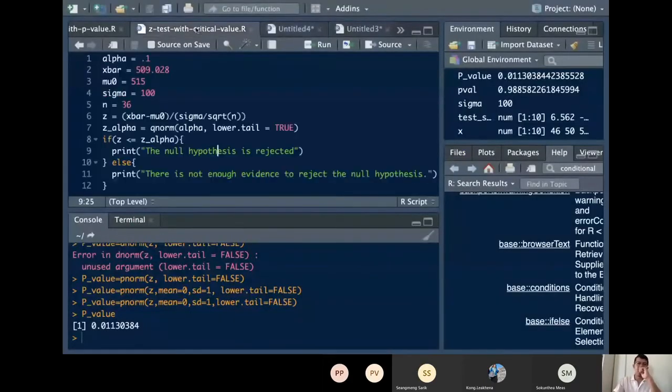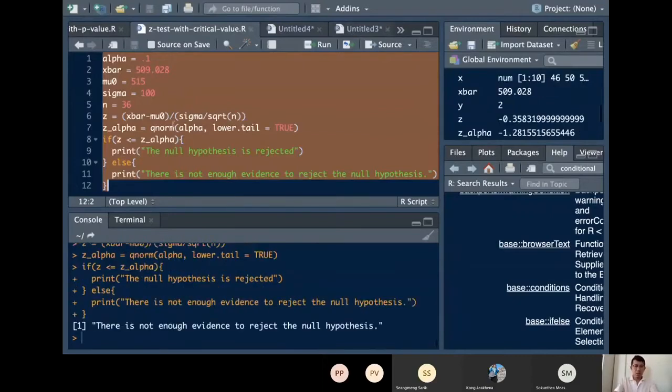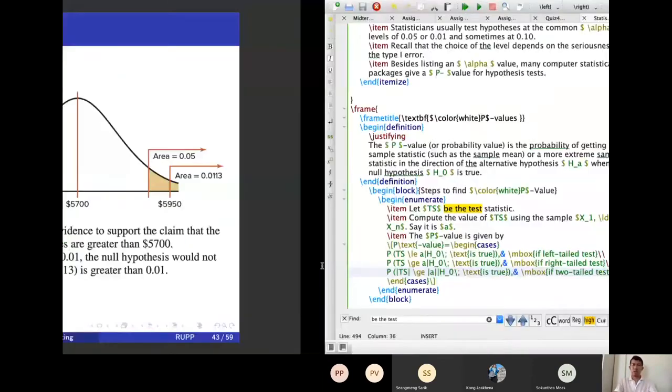I named this file C test with critical value. I already sent it to you. So in this case, just run this. Control all and then run it, and then there is not enough evidence to reject the null hypothesis, which is the same as the result here, right?